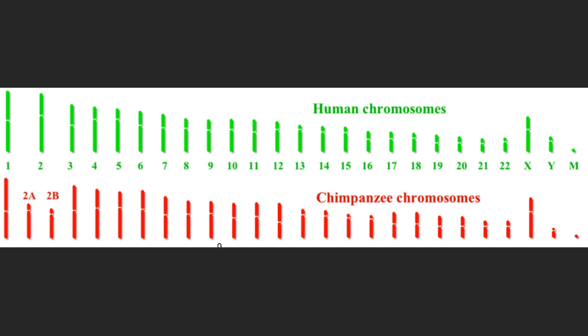Would it be possible? Well, if we take the horse and donkey example, a human and chimpanzee cross is possible, and it would result in a hybrid. In all likelihood, that hybrid would be sterile, just like a mule is sterile.